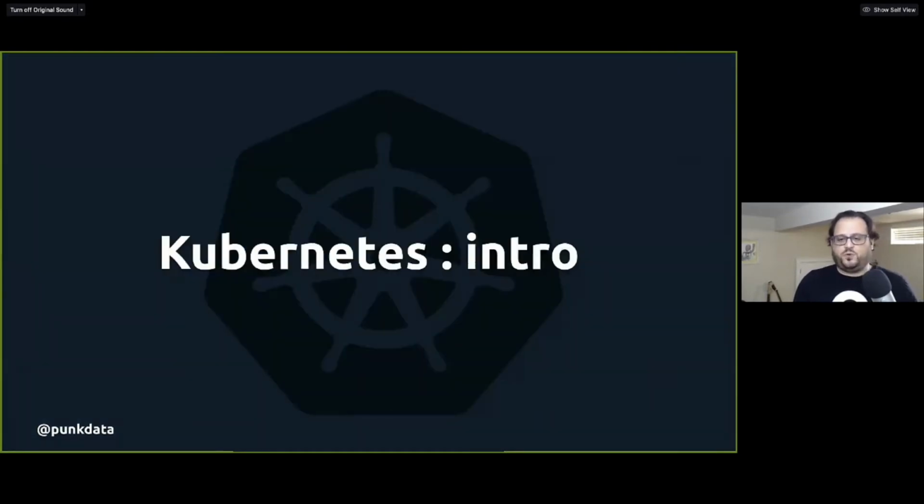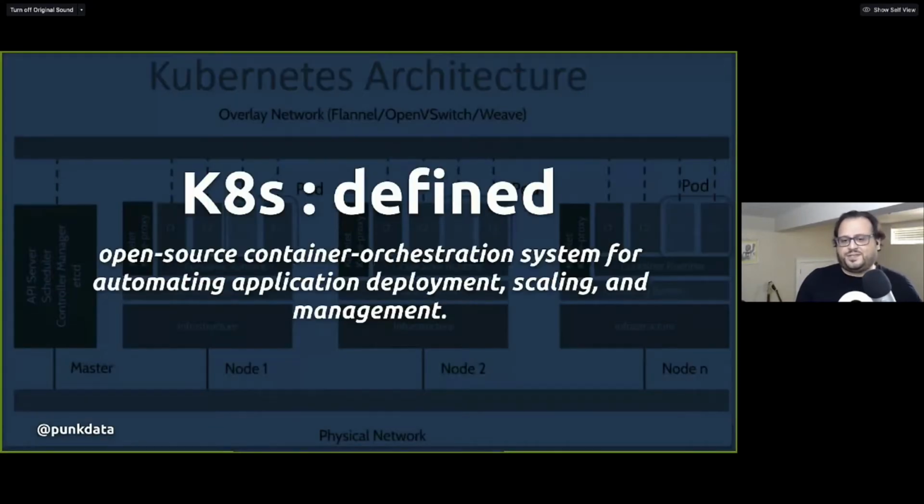Let's jump into a quick introduction to Kubernetes. I like to cover the critical elements of Kubernetes so people understand what the platform is and what it's not. Here's a definition of Kubernetes. The main thing I want you to take away from this definition is that Kubernetes is an open source container orchestration system.